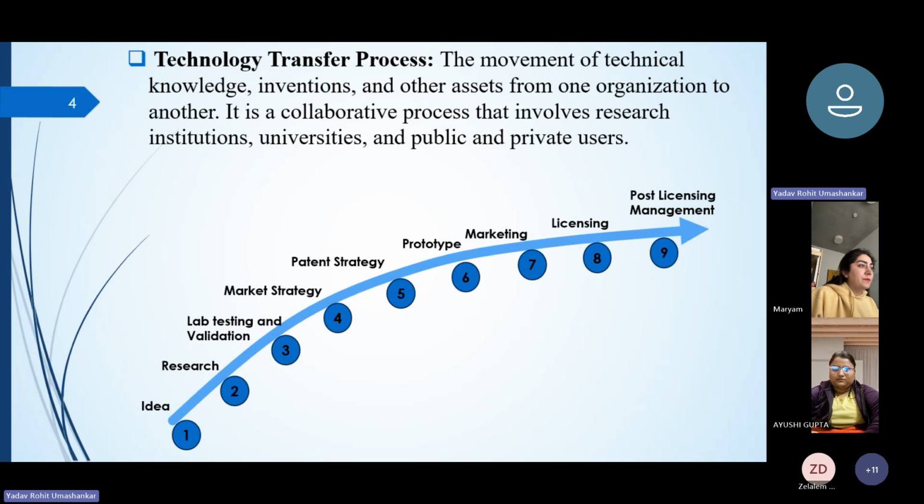If you have a prototype, you can put it into the market and see whether it has some growth in the industry or not. And the licensing is basically related to the patent only. Once you get the granting of the patent, then you have the license for that invention. And then you have the post licensing management.